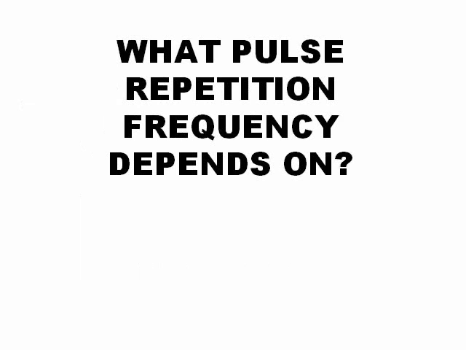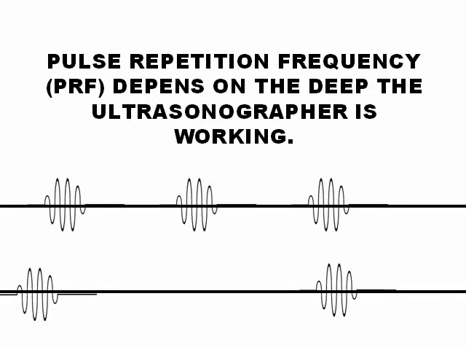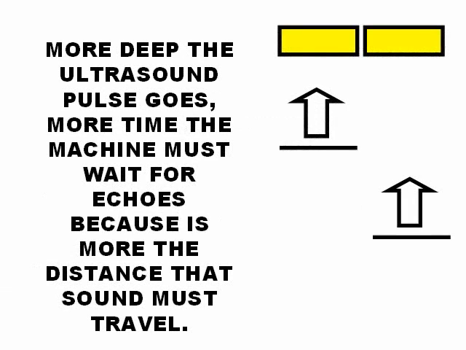What does pulse repetition frequency depend on? Pulse repetition frequency depends on how deep you are working. Pulse repetition frequency is operator adjustable by the depth button. If you are working deeper, you have low pulse repetition frequency because you must wait for echoes that use more time.